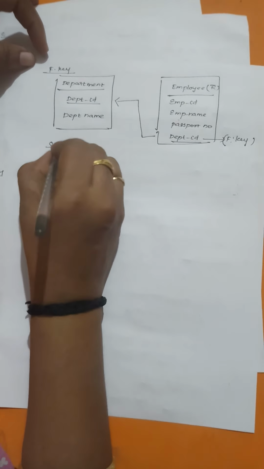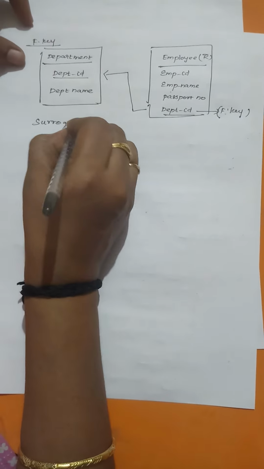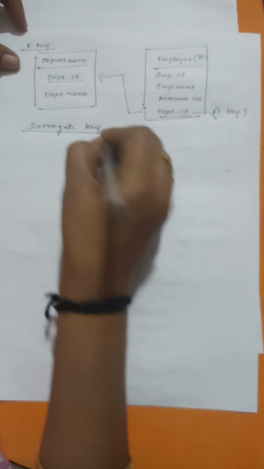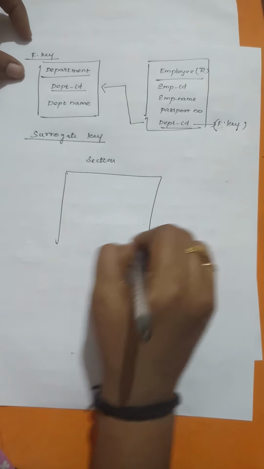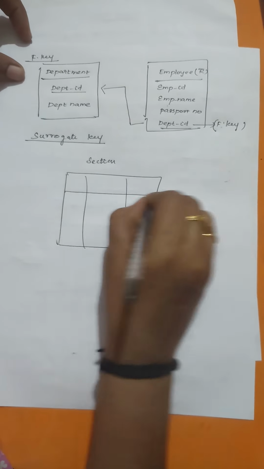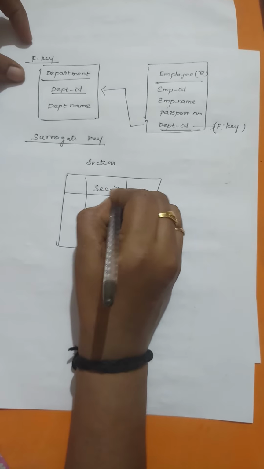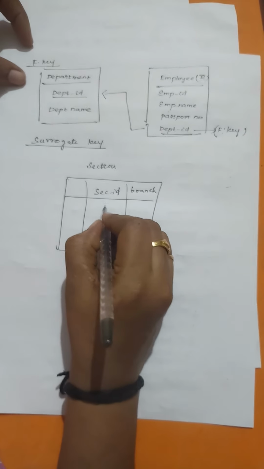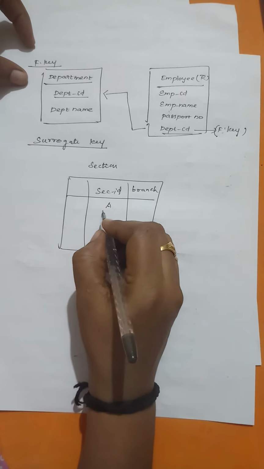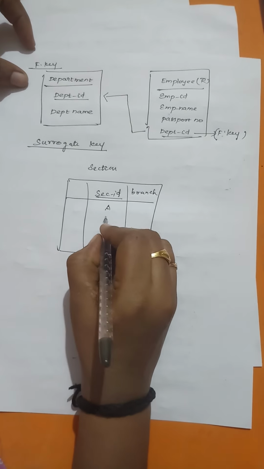And another key is surrogate key. So what is meant by surrogate key? Let us consider an example. The table name is section. So we have to form a table. For example, section ID is there, branch is there. So based on the management, define the primary key. So here section ID is the primary key.